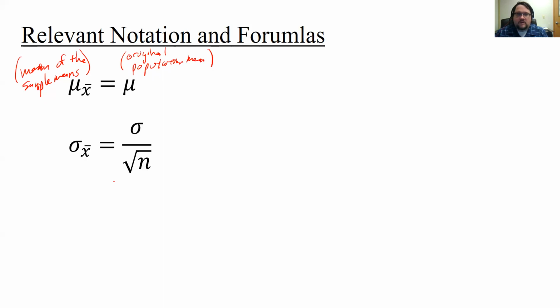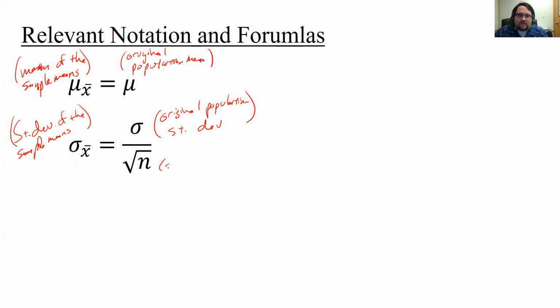The standard deviation of the sample means is going to equal the original population standard deviation divided by the square root of the sample size.